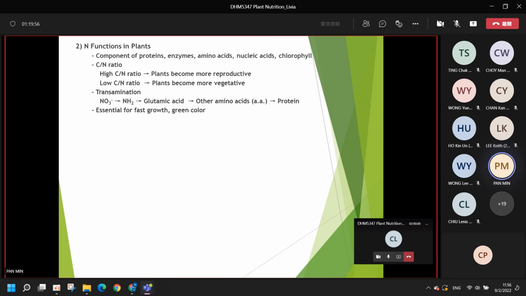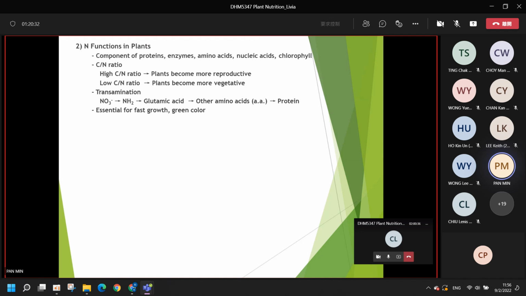Nitrogen is an important component of proteins, enzymes, amino acids, nucleic acids, and chlorophyll. So limitation of nitrogen will affect the green color of the plants. And nitrogen will affect the C:N ratio in the plants.